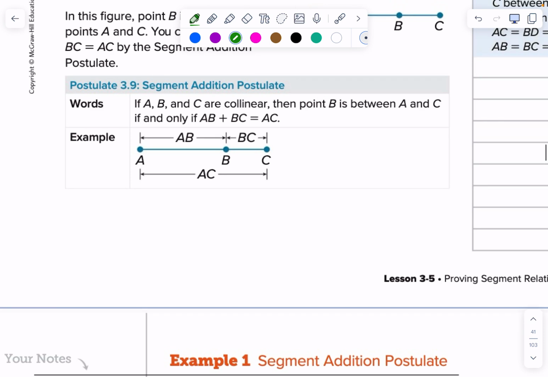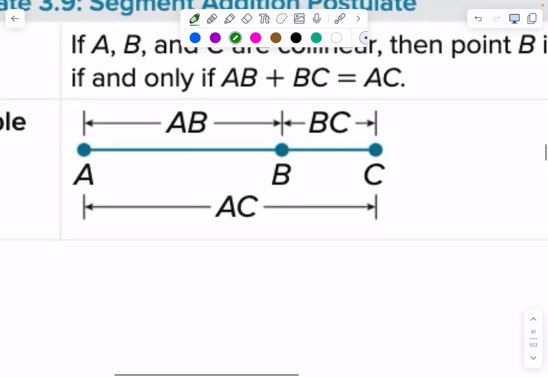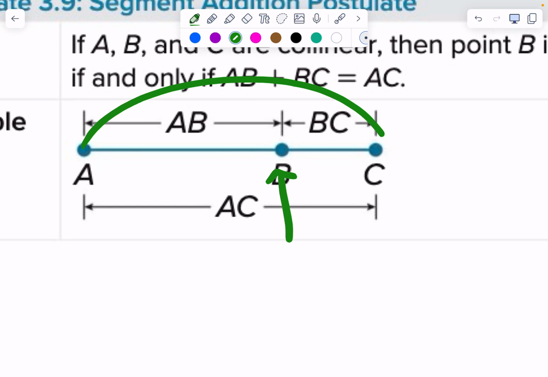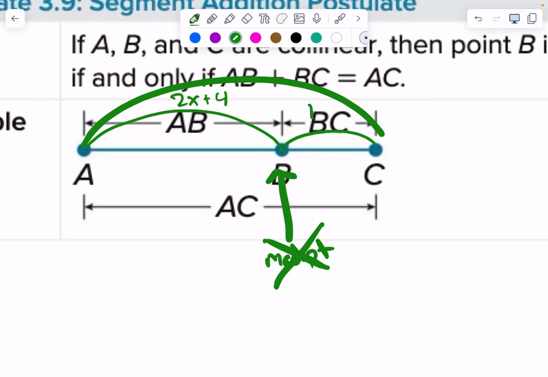Ready? Let's go down to here. If they have a segment, regardless of whether B is the midpoint. Are you looking at this diagram? This is not necessarily the midpoint. Okay? B is not the midpoint. But regardless, let's say they give me that this is 2x plus 4 and this is 14.